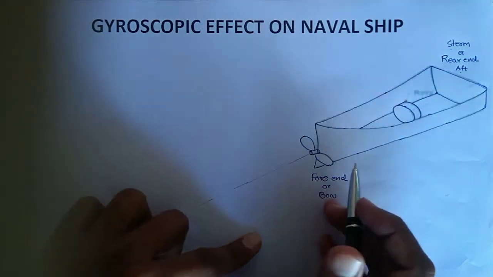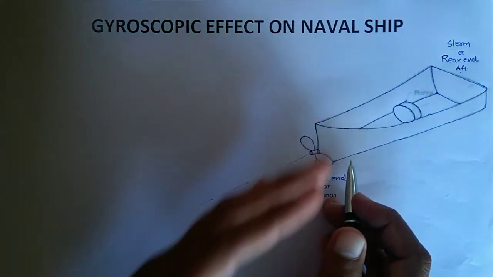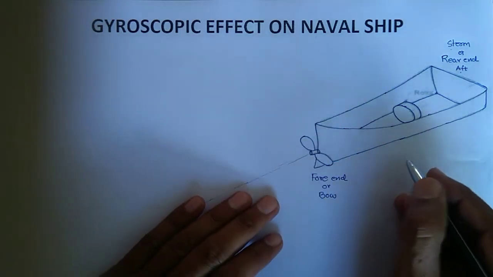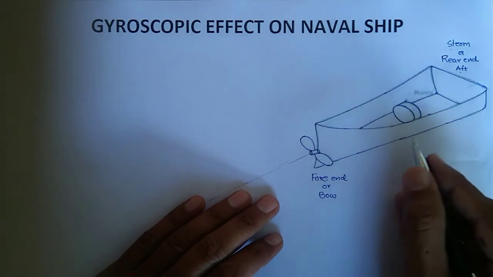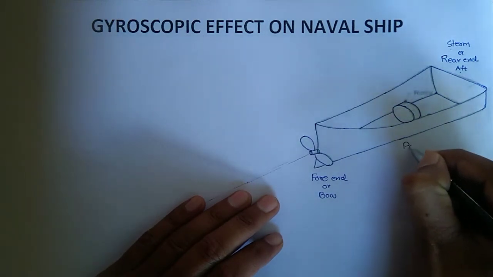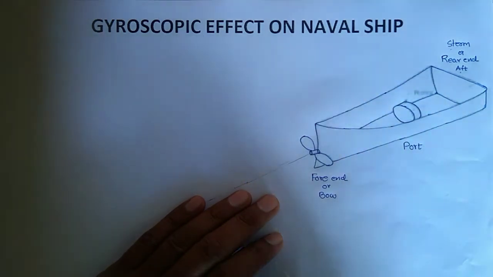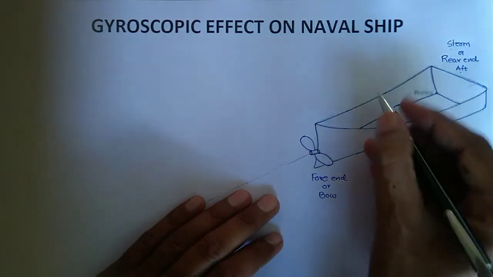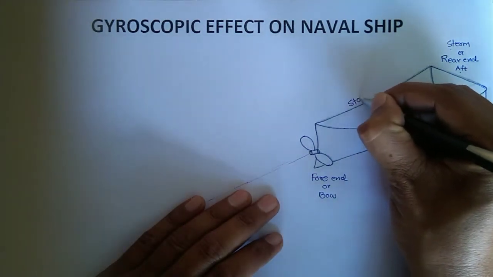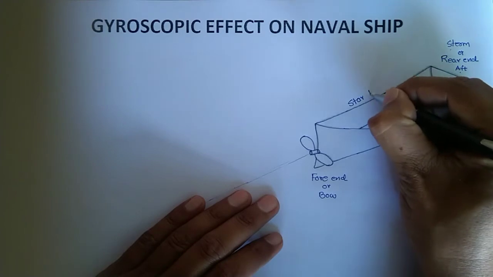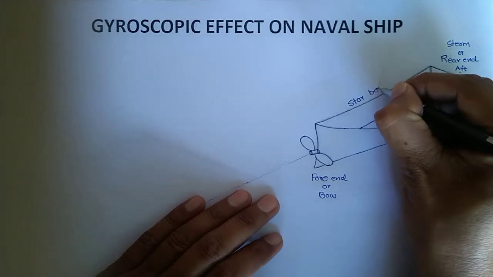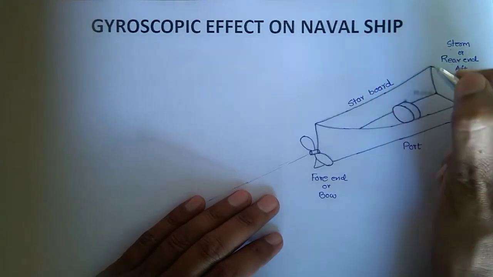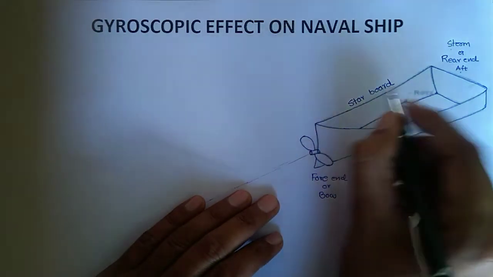Now if we see from this end, then the right hand side of this ship is known as the port, and the left hand side of the ship is known as the starboard. And this is our rotor.